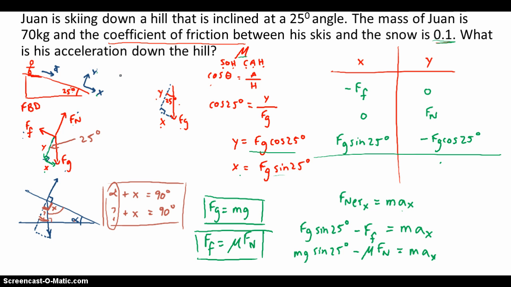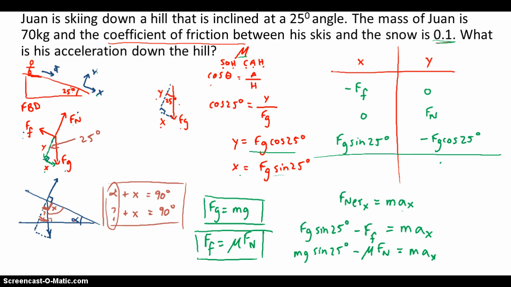If we made the coordinate system like this, he'd be moving a little bit in the x direction and a little bit in the negative y direction. So that makes the problem a lot more difficult.